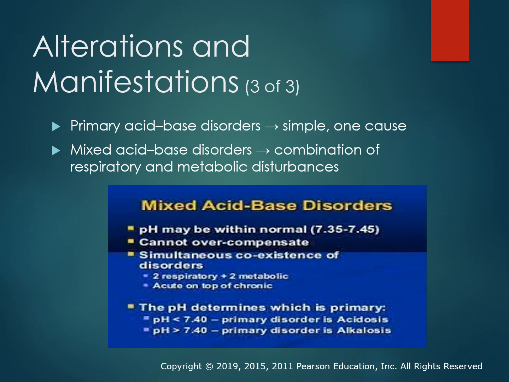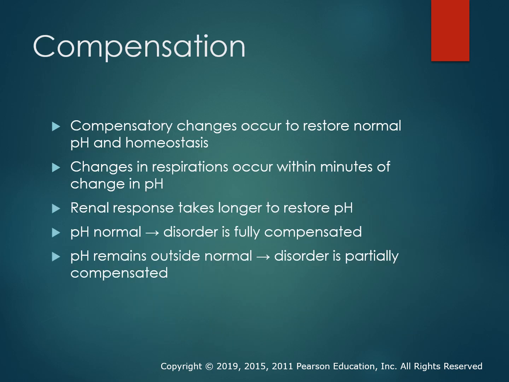And you see some common causes listed on the side here that would lead to some of these conditions. Respiratory acidosis, your pH is less than 7.35 and your PaCO2 is greater than 45. In respiratory alkalosis, your pH is greater than 7.45 and your PaCO2 is less than 35. So please study this chart, and we're going to do some practice ones in class.